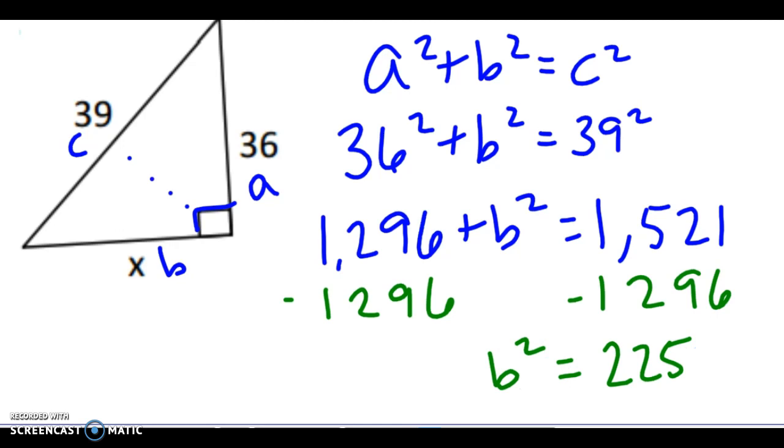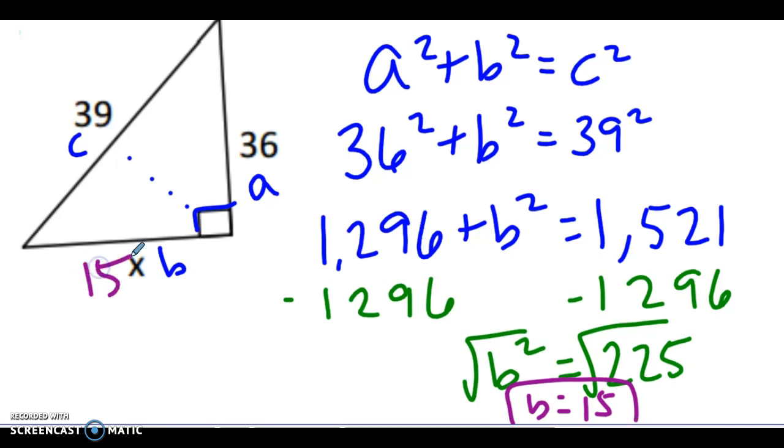And then your final step, you're going to square root, and we are left with b equals, I think that's 15. Yes. All right, b equals 15. And then your final check, just make sure it's not larger than your hypotenuse, which it is not. It would work, that would be 15. And then you can check your answer like we did the last one.